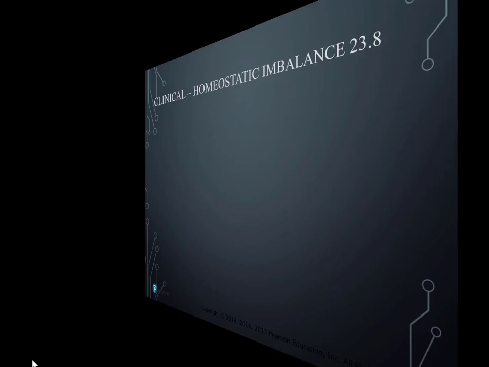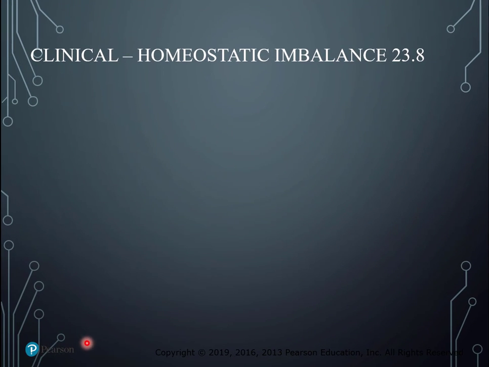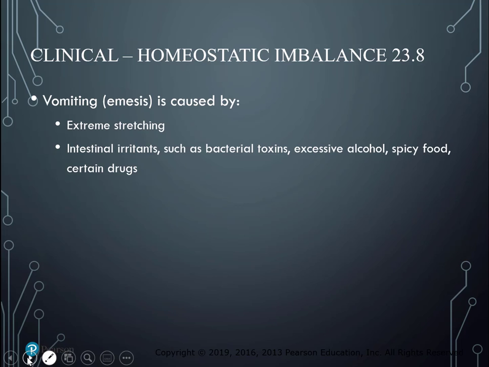Okay, so that's something that we have already discussed. Let's take a look at the homeostatic mechanism. A few things: clinical homeostatic imbalances in the stomach. Vomiting is caused by extreme stretching of the stomach muscle wall, and also by intestinal irritants such as bacterial toxin, excessive alcohol, spicy food, and some drugs.